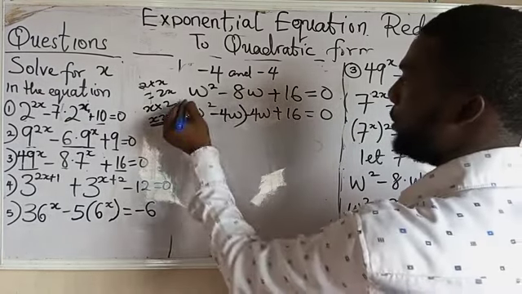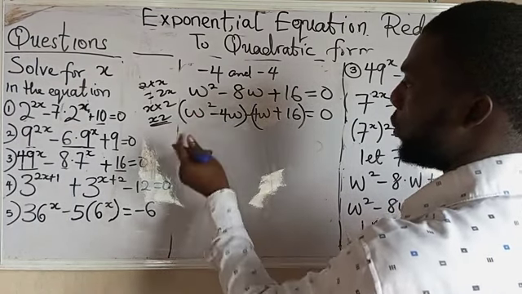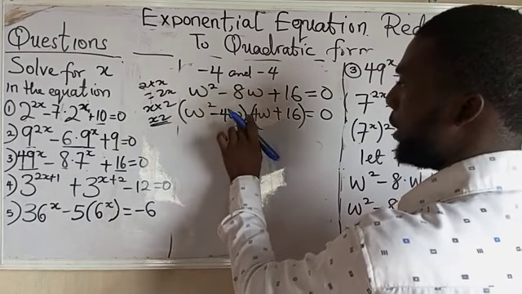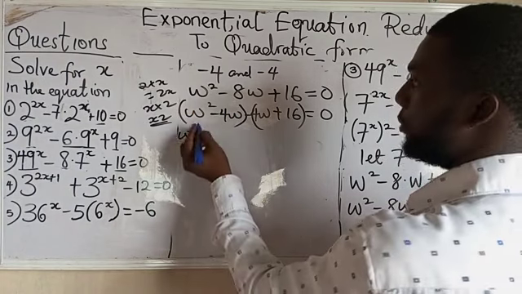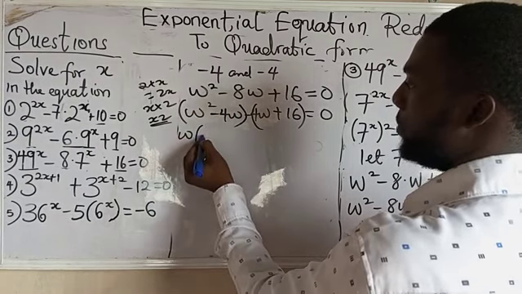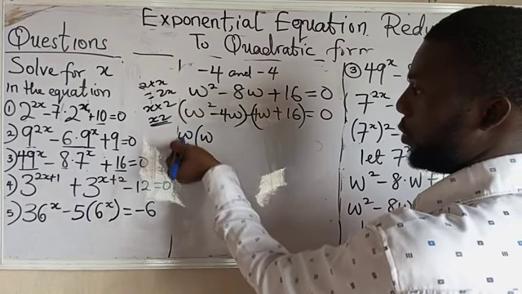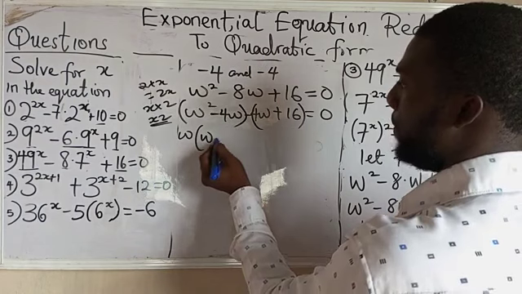Then we separate them in pairs. In this case, I can see that there's w here and there's also w here, so I'll say w is common. Then I'll have one w here, because once I take one w out, what is left over here is going to be 1w minus.